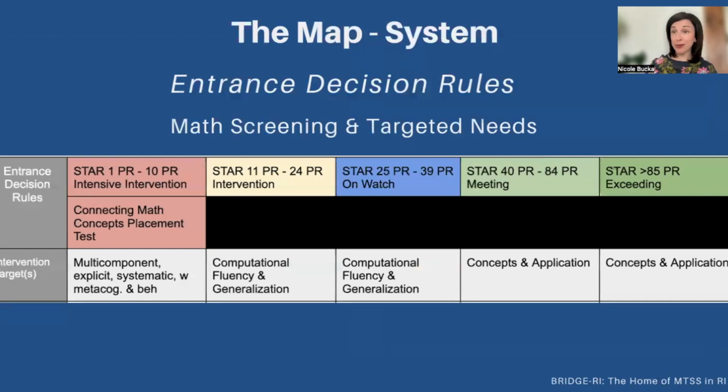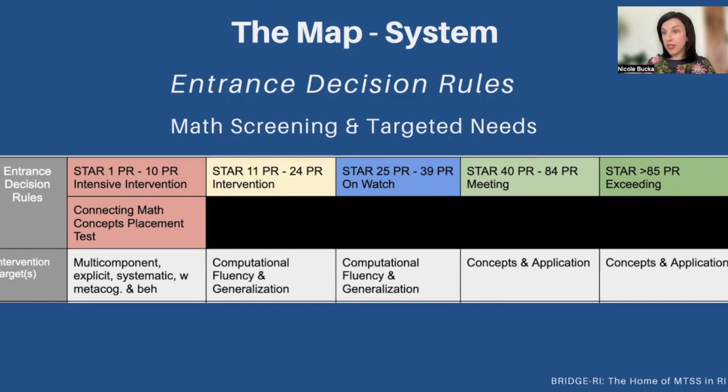Okay, so the map starts at the top with entrance decision rules, where we use our math screening data to identify targeted student needs. Now, when we come into a building, we have to work with the tools that schools have. Sometimes they recognize that the tool isn't perfect. They're not happy with it, but we say, doesn't matter. It's what you have. It's what we're using. So in this particular middle school, they use Star Math.